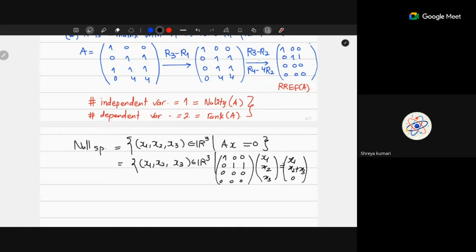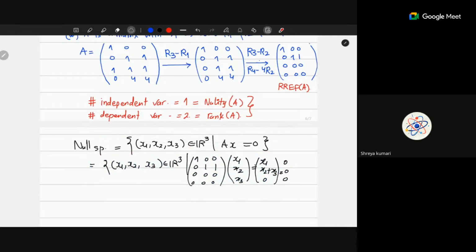This is what you get, and this is equal to 0, 0, 0. Sorry for the congestion over there. Let me shift this right.